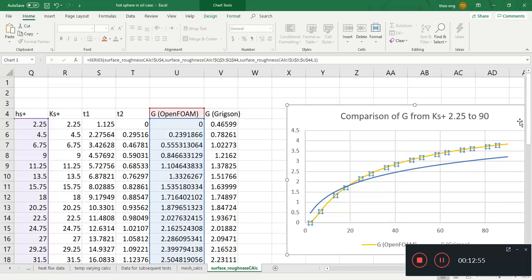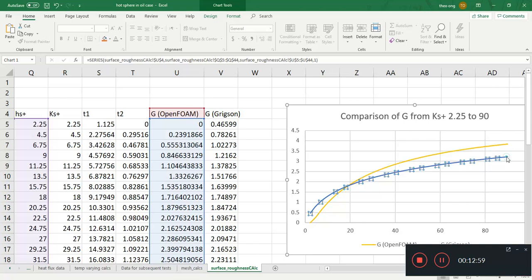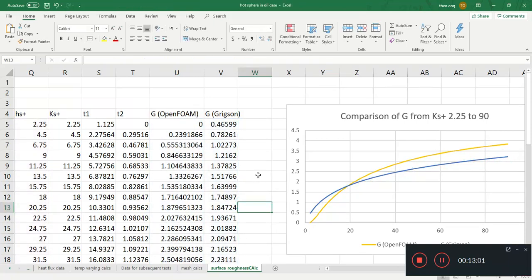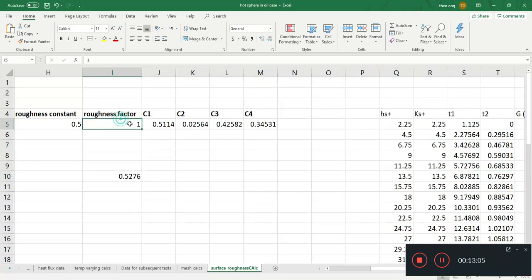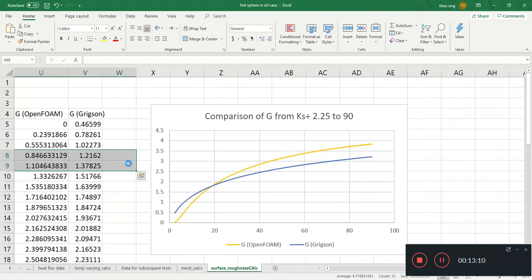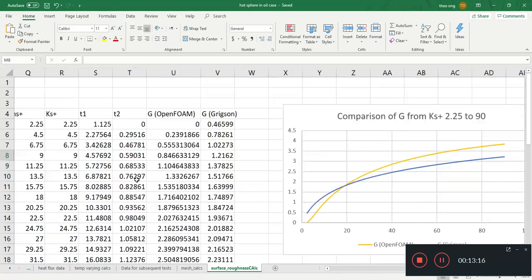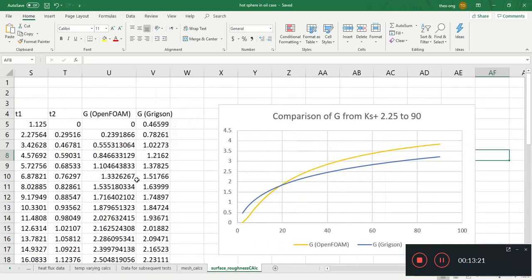You can see they roughly match very well, except at the start and the end, under the given constants and parameters, given the roughness factor. The shape is more or less the same. If you want to use a default roughness parameter, you can do so, but know that you are subjecting yourself to some kind of error.